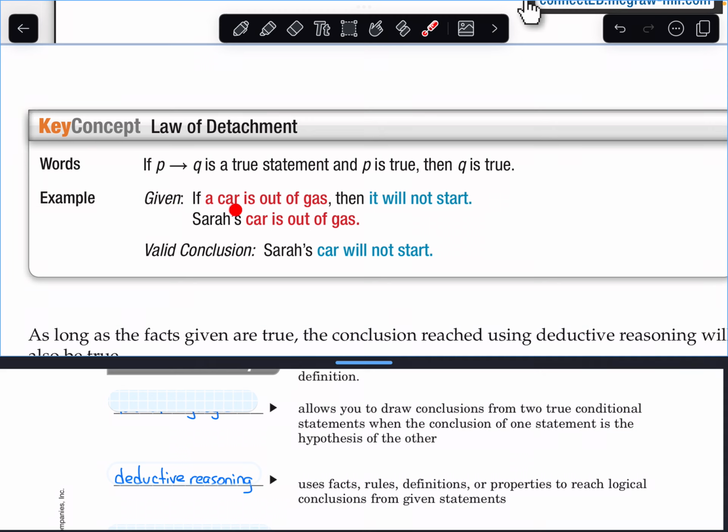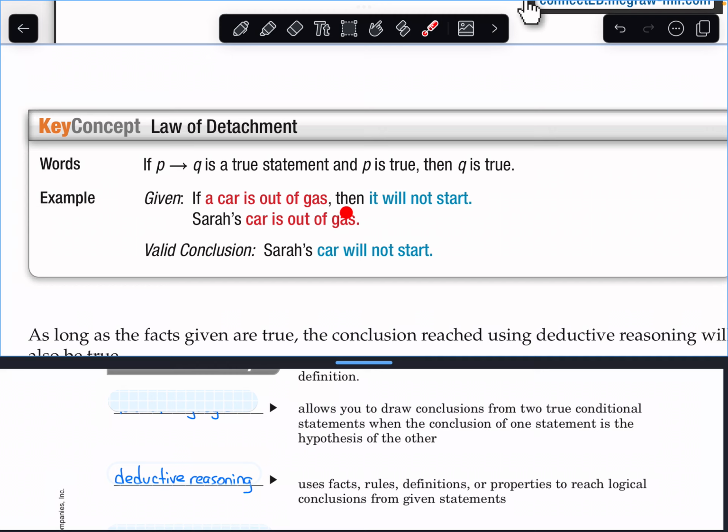Given, if a car is out of gas, then it will not start. That's a general fact that applies to any car, anywhere. That is how cars work. Sarah's car is out of gas. So this is a specific instance of the hypothesis being true. So our valid conclusion, we have detached the conclusion of the conditional into a separate logical conclusion: Sarah's car will not start because Sarah's car is out of gas.